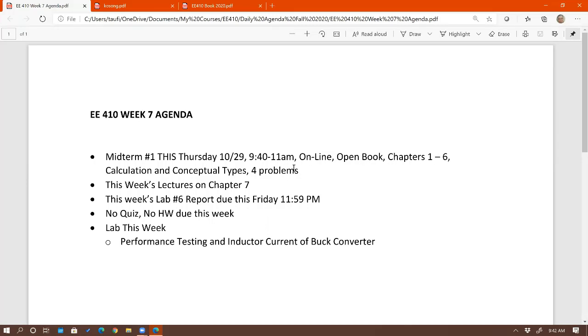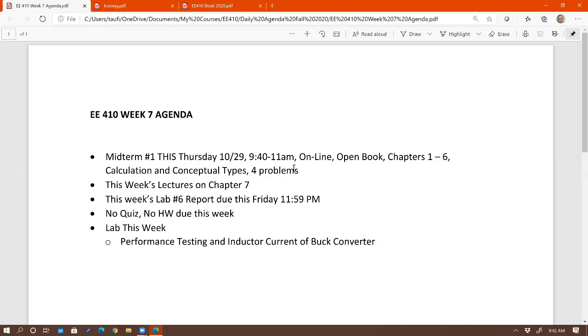That's very important, this chapter 7. If you understand buck converter, for example, from chapter 7, then you'll have an easier time to understand the rest of chapter 7 as well as chapter 8. Chapter 7 is going to be non-isolated converters. Chapter 8 is going to be isolated converters.